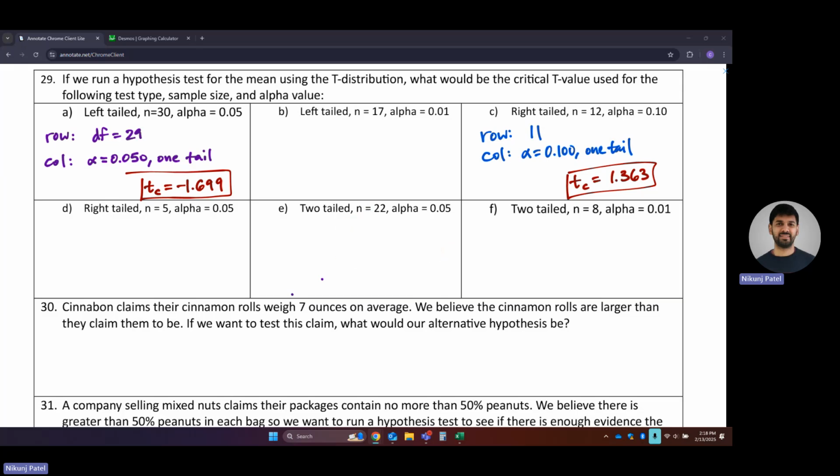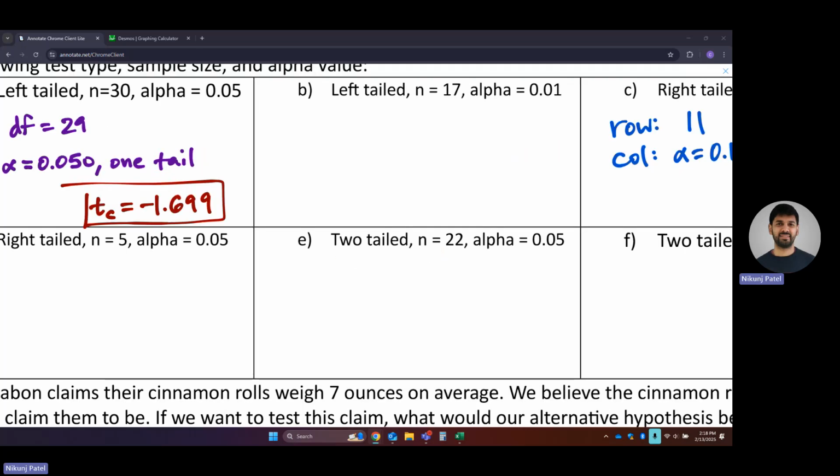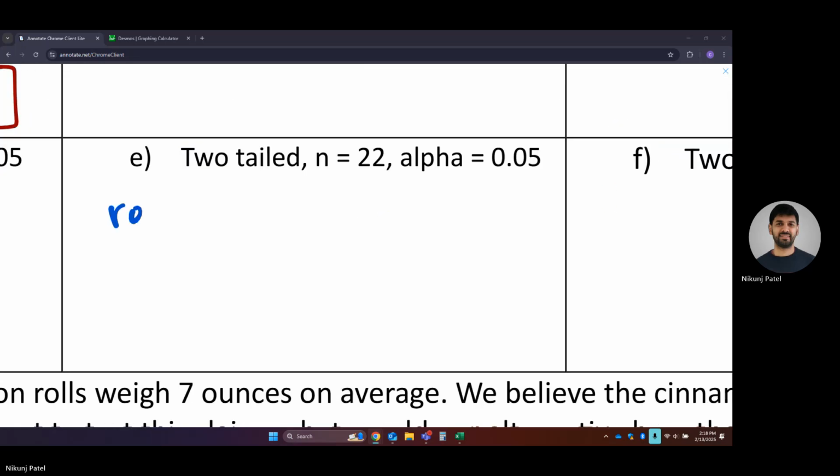And then for two tail, I'll show you part E. All the same steps. What we would do for a right two tail is put a plus and a minus in our answer. Left tail is negative, right tail is positive, two tail is both. The row and the column, we do all the same stuff though. So we're looking at row 21.